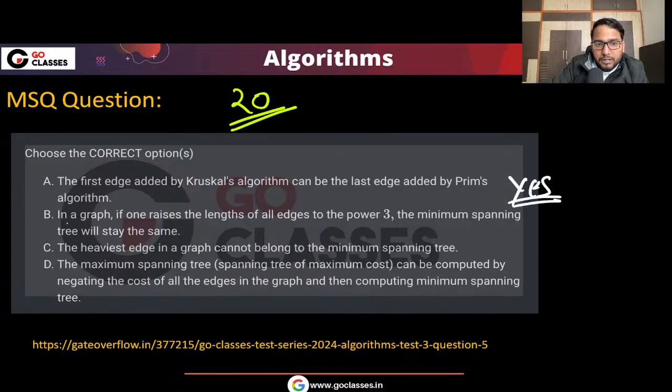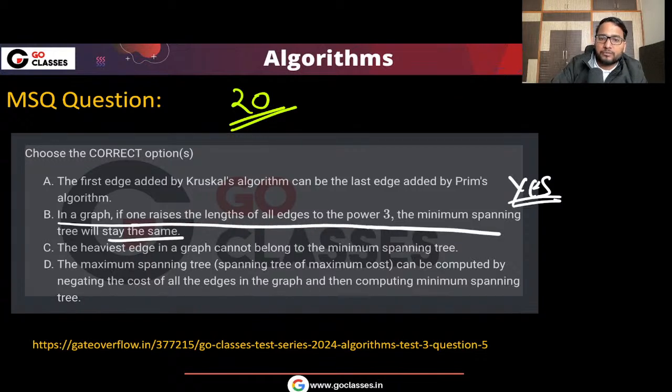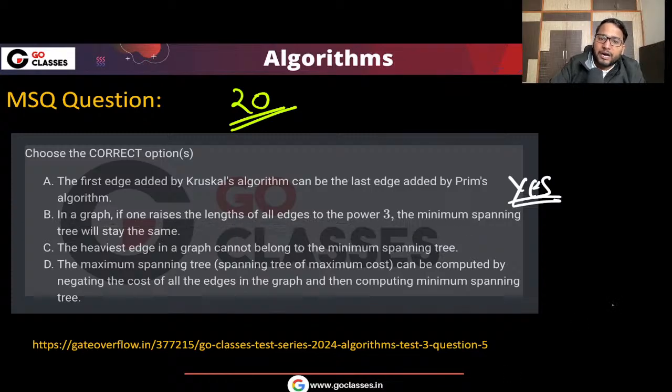In a graph, if one raises the length of all edges to the power 3, then the minimum spanning tree will be the same. What do you think? Basically they are saying if x is greater than y, is it also true that 3 power x is greater than 3 power y?